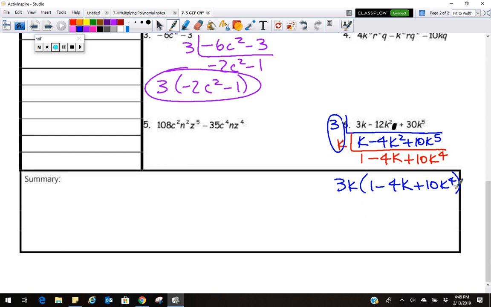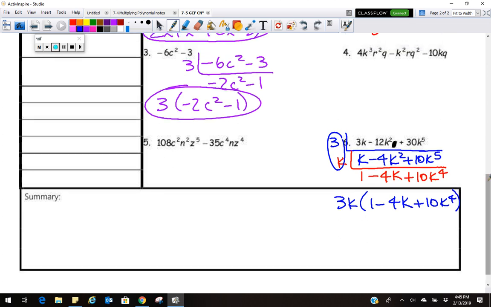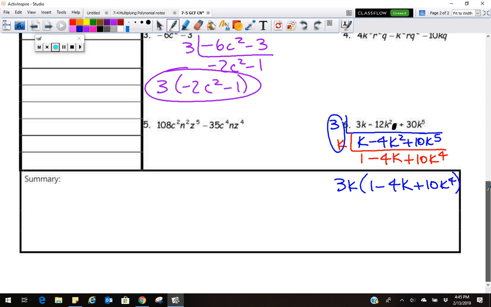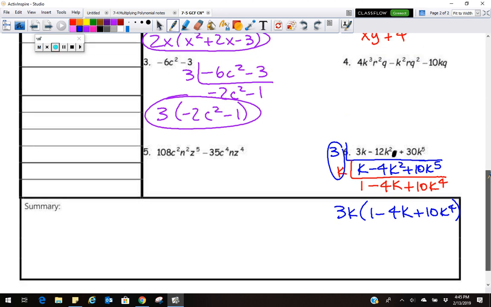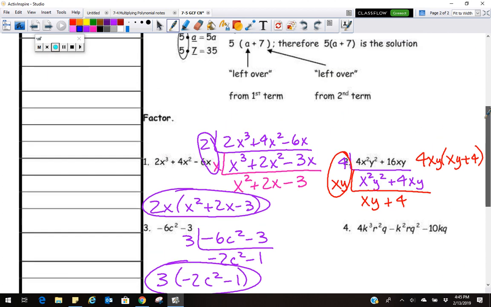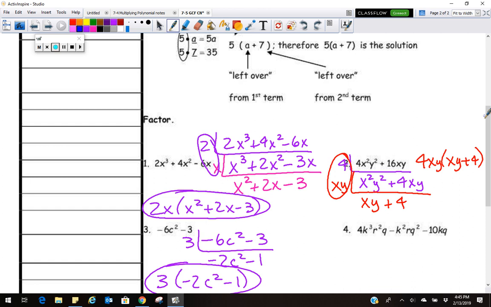Okay. If you need to see these factored out, we can do that. If you want to write out, basically expand what you have. So for instance, let's do that on number 2 back up there since it's not very long.